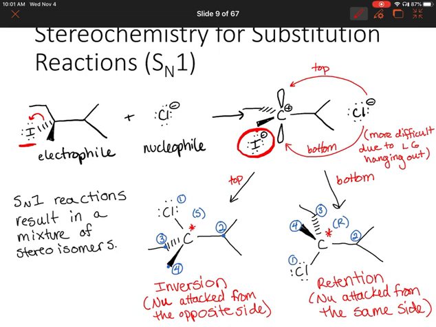So it's almost like on a soap opera, someone's ex is hanging out, still hanging around, and so the new love interest can't quite pair up with who they want. However you want to think about it. So when we form these two different products, it's much easier to form the inversion product.